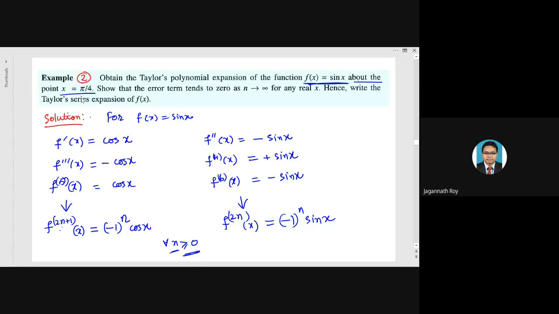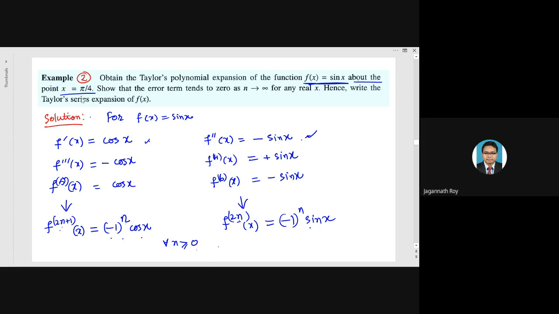So minus 1 to the power 0 is 1, and cosine of x, it is getting cosine. If you put n equals 0, then everything becomes 0. If you put 1, then 2. So from 2 you get n equals 1, then you get this relation. Okay. So this is our generalized form. We have found it.